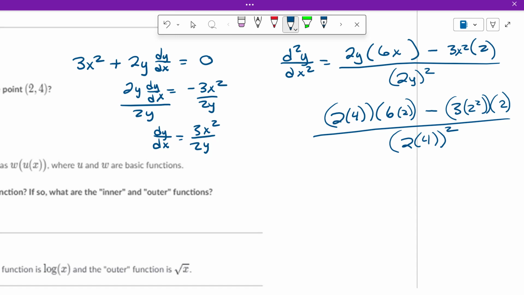So 8 times 12 is 96, minus 2 squared is 4, times 3 is 12, times 2 is 24, over 8 squared is 64. 96 minus 24 is 72 over 64. They're both divisible by 8, so it's 9/8.